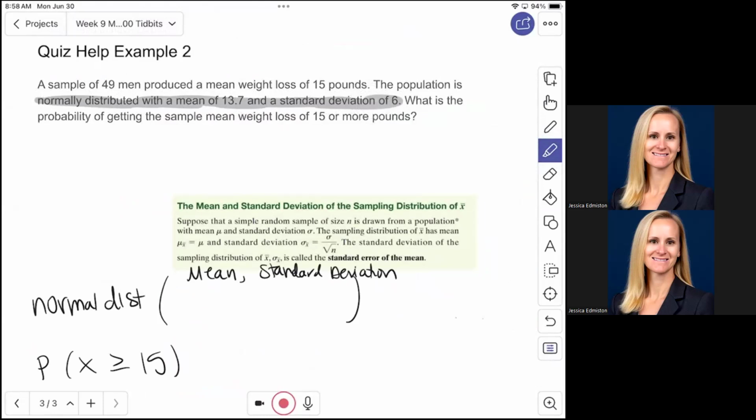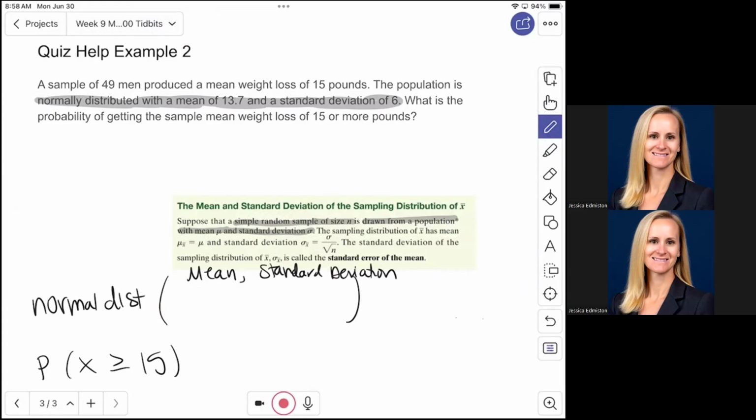Okay, so this example is giving us different information. We are given a simple random sample of size n drawn from a population where we're given the mean and standard deviation, which is a lot more straightforward. So this one's actually going to be easier. We don't have to do as many calculations, which is kind of nice, right?